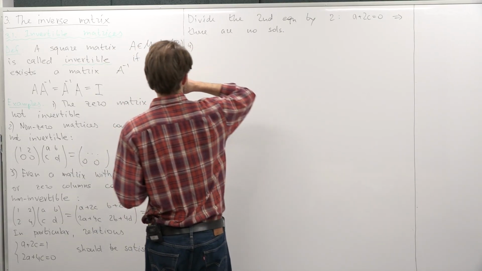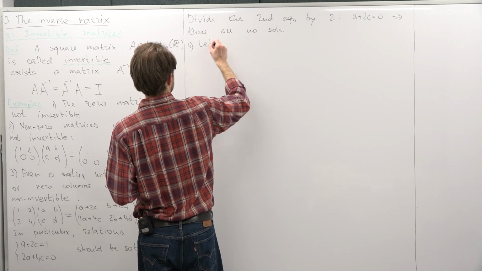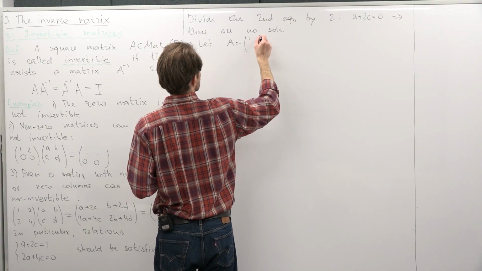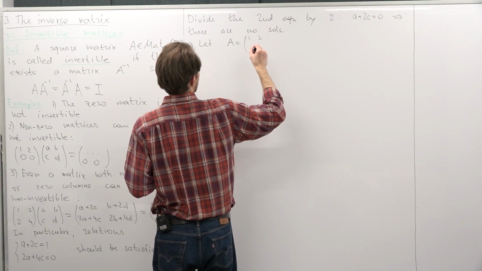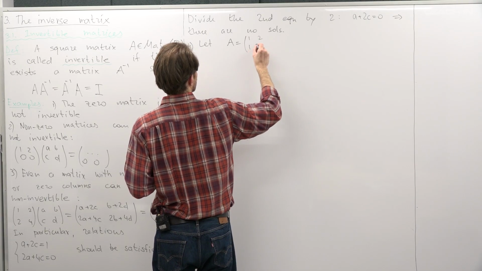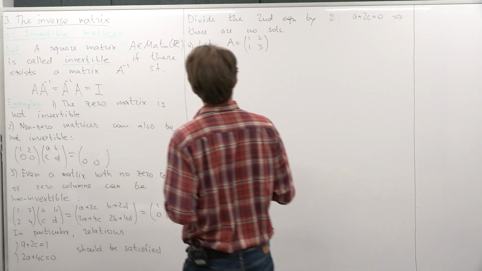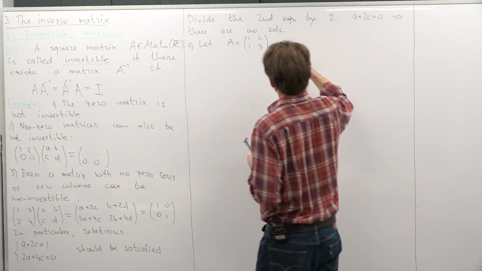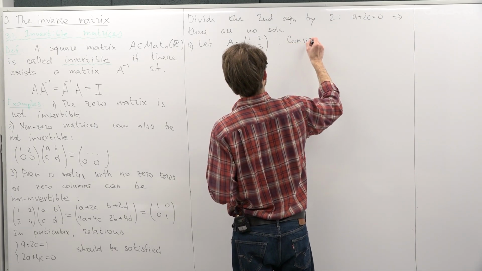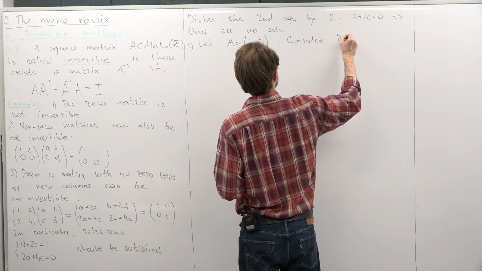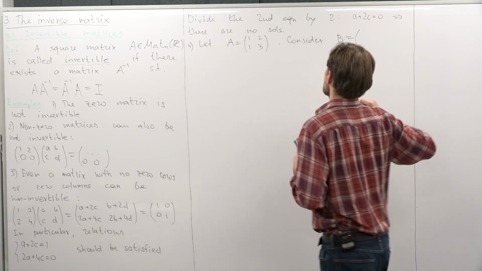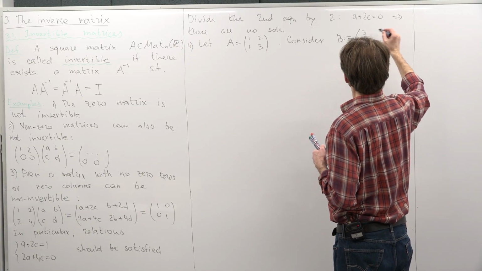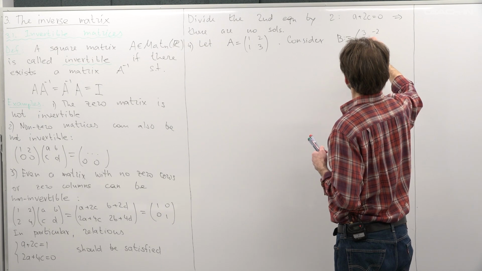Okay, and finally let us consider some example of an invertible matrix. So let A be a matrix with entries 1, 2, then 1, 3. And consider B with entries 3, 1, minus 2, and minus 1.